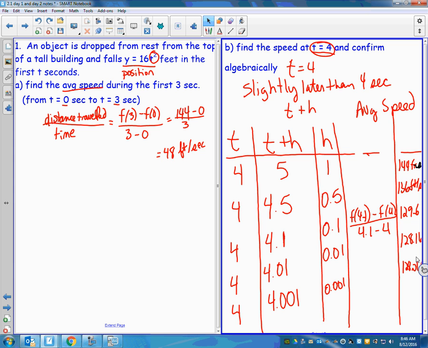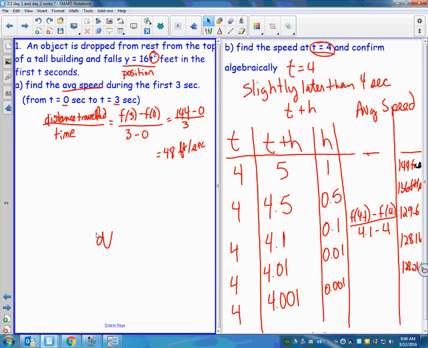So by looking at this chart, we could say that at time equals 4 seconds, the speed is going to be about what? 128 feet per second.